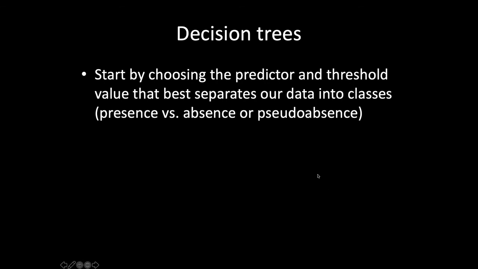So the way decision trees work is they start out by choosing for a given data set. So let's say we have a bunch of presence data for a species and we have a bunch of absence or background data. And we have, let's say, 10 different predictors. It's going to look through those 10 different predictors and figure out where can I pick a threshold value that does the best job of splitting my data into presence and absence.